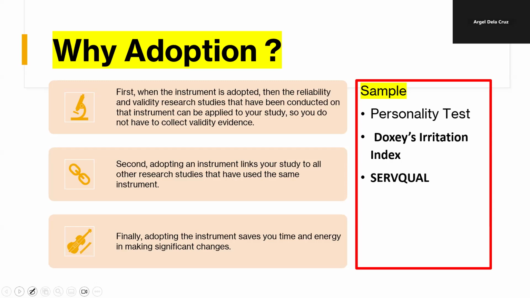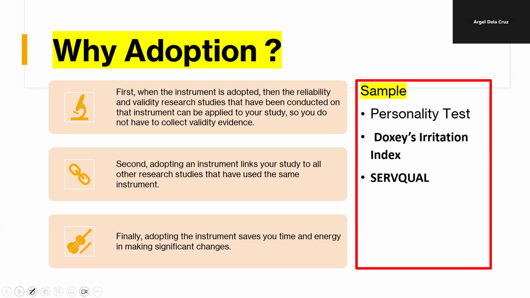Okay. So you can use a personality test to determine the personality type. So you don't need to create your own instrument for this one because there is an already existing personality test for us to deploy. So adopt lang, di ba?